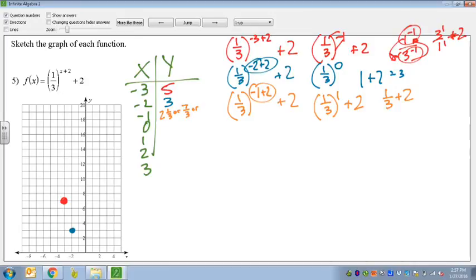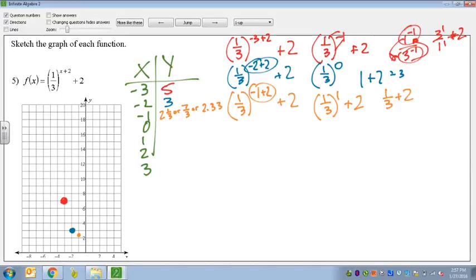Or as a decimal, I believe that would be 2.33. Okay, so (-1, 2.33) would be about there. And you'll notice that when we have fraction answers with exponentials, that's where it starts to get a little bit more interesting, right? Because notice how it's going to get really close to that +2 out in the back there.